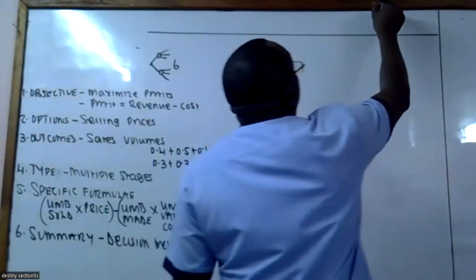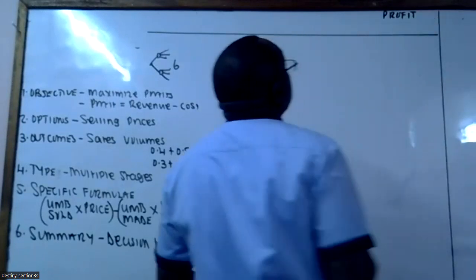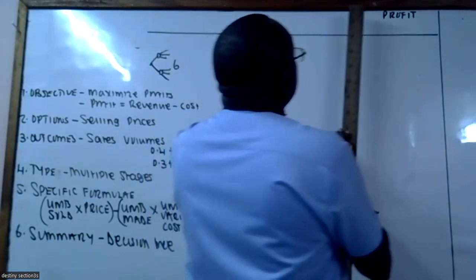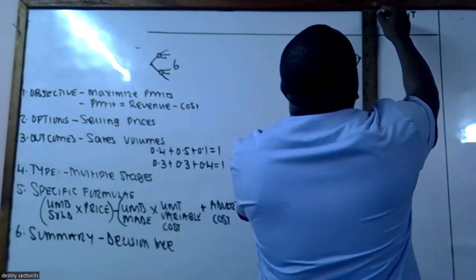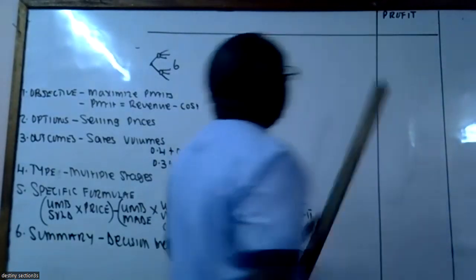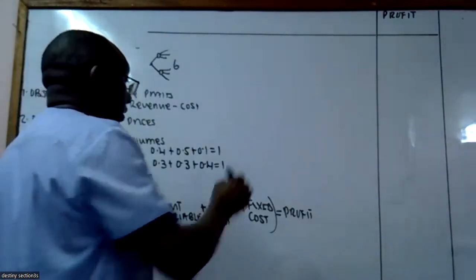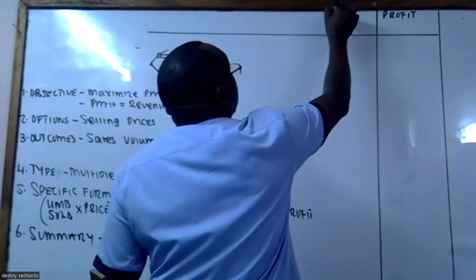So obviously here I will have the profit. I will leave a big space so that I will write the formula there in terms of initials. Then I have fixed costs.